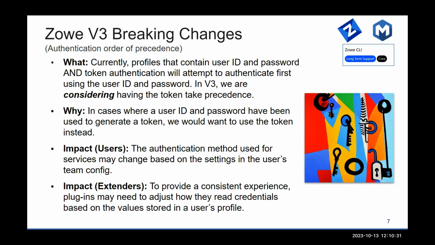So currently, profiles that contain a user ID and password, as well as token authentication, will attempt to authenticate first using the user ID and password. In V3, we're considering having the token take precedence, meaning we'll check for a token first and use that to authenticate to the service in question.